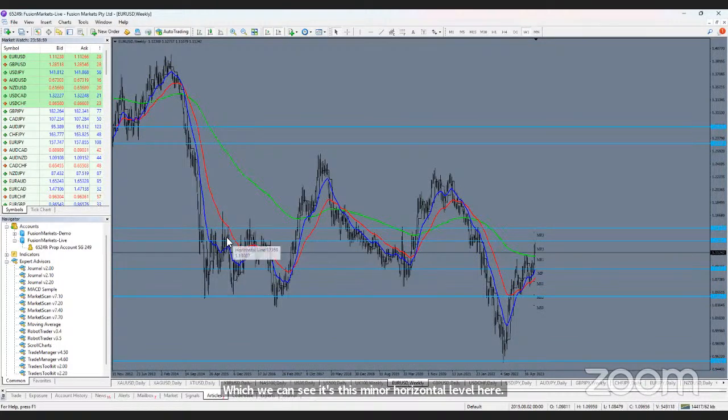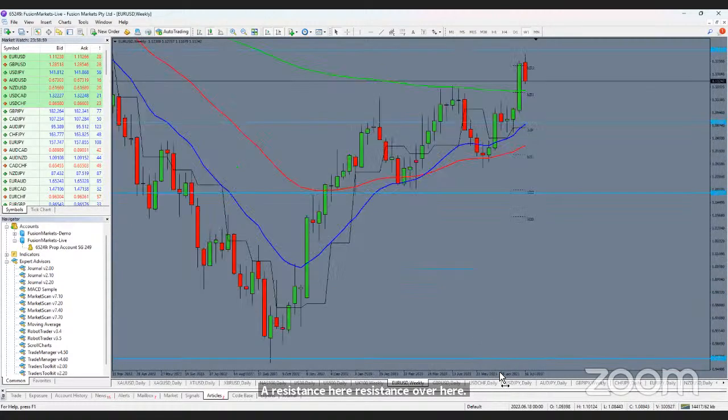It's been resistance a lot over here, support here, support again over here. So price is just approaching that level, but the next major level of resistance is quite a bit further up, the top of this area of range here, resistance here, resistance over here. So there's certainly potential for the euro to move further upwards, perhaps after more of a pullback.